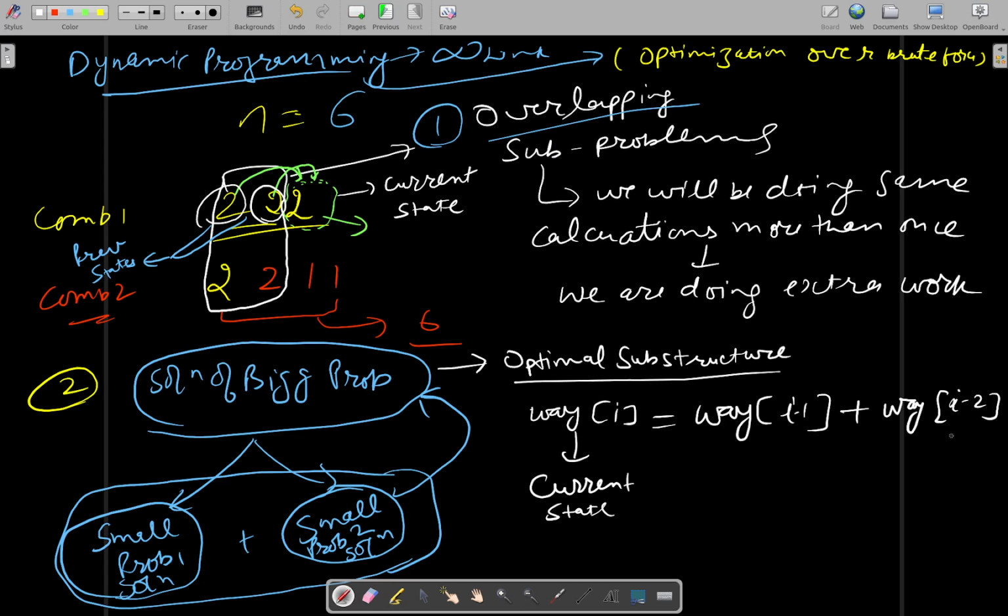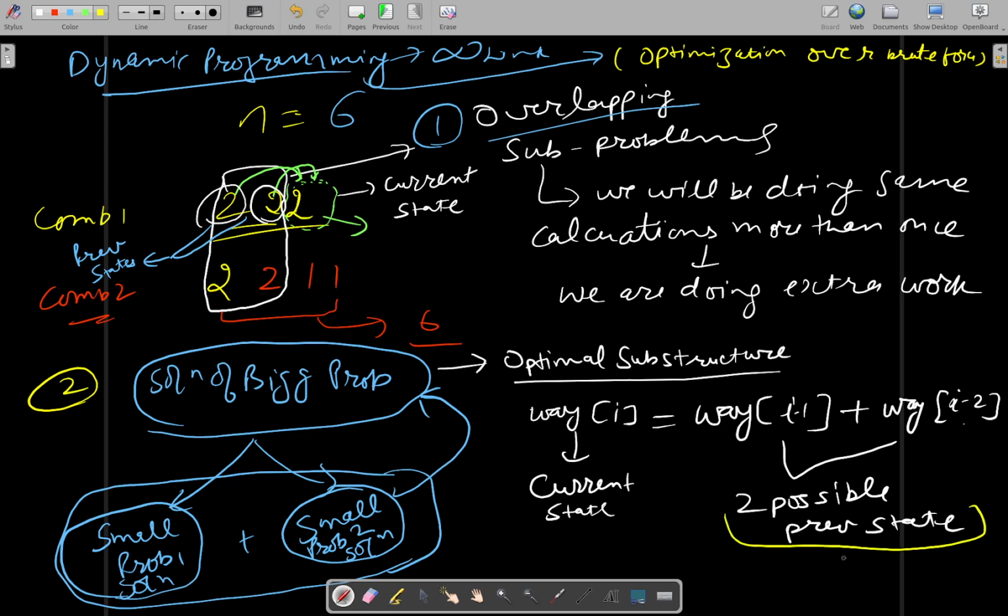Either you could have made a two-step jump from that state, or a one-step jump, and ended on this current state. So these are two possible previous states. We are adding contributions of two possible previous states to the current state.